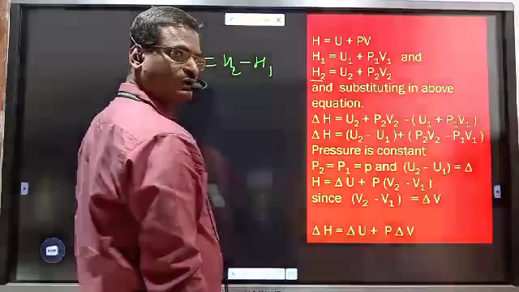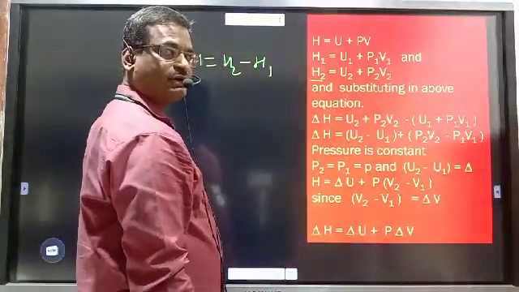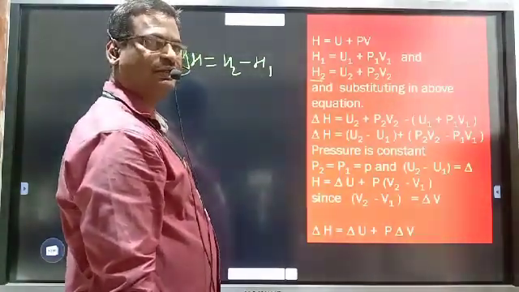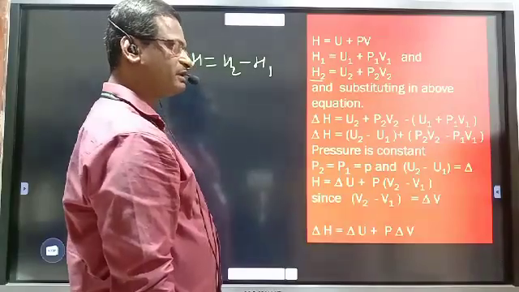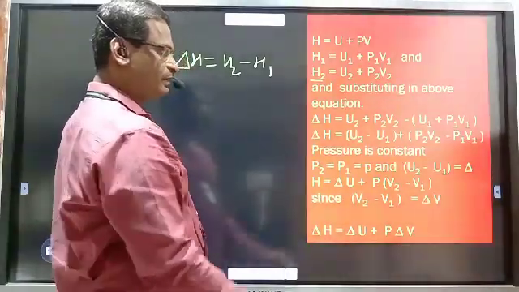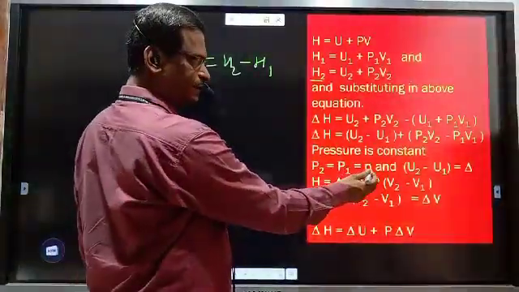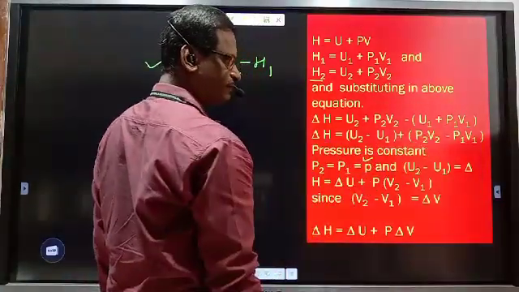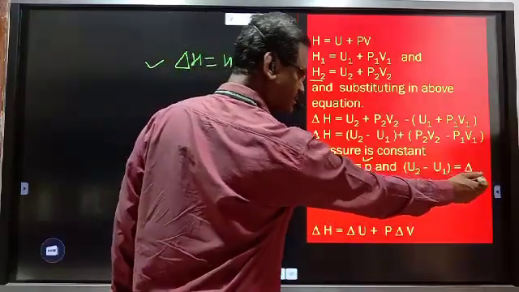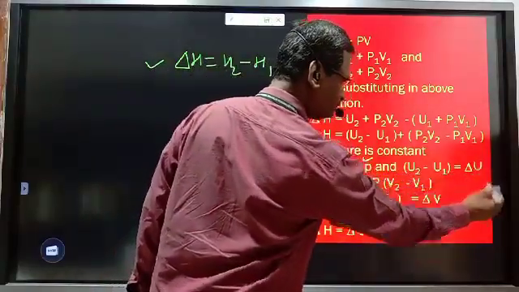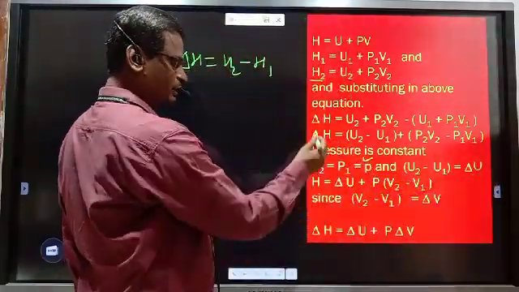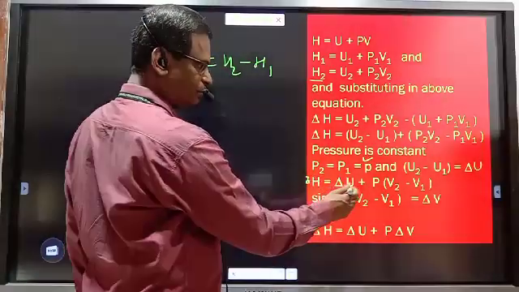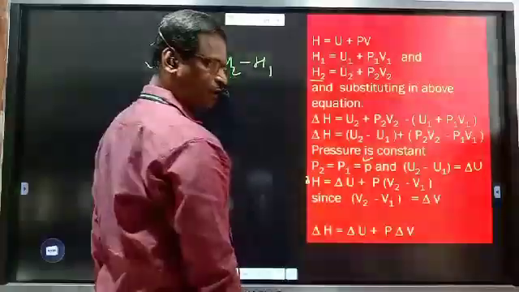But these processes are carried out at constant pressure. At the start I told you, enthalpy is a state function studied at constant pressure with a change in volume. Therefore P2 is equal to P1, let that be equal to P. U2 minus U1 is delta U, this we know. So delta H will be equal to delta U plus P times V2 minus V1.